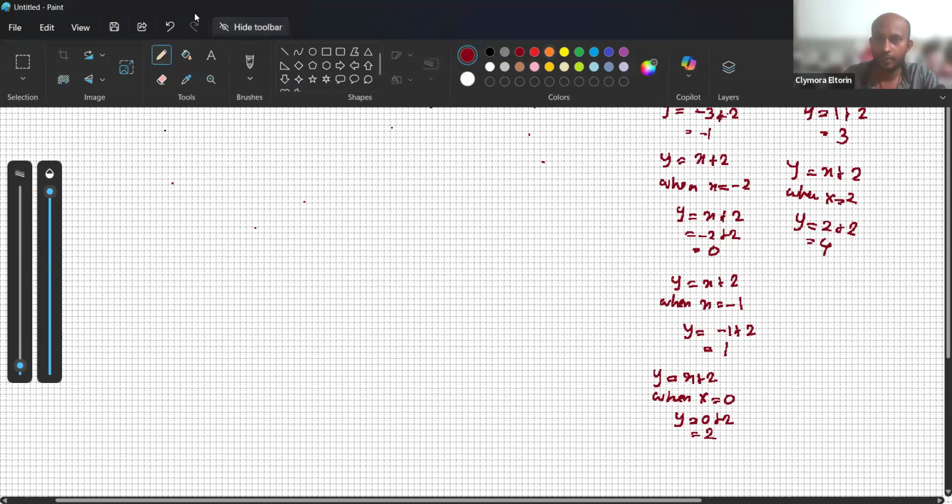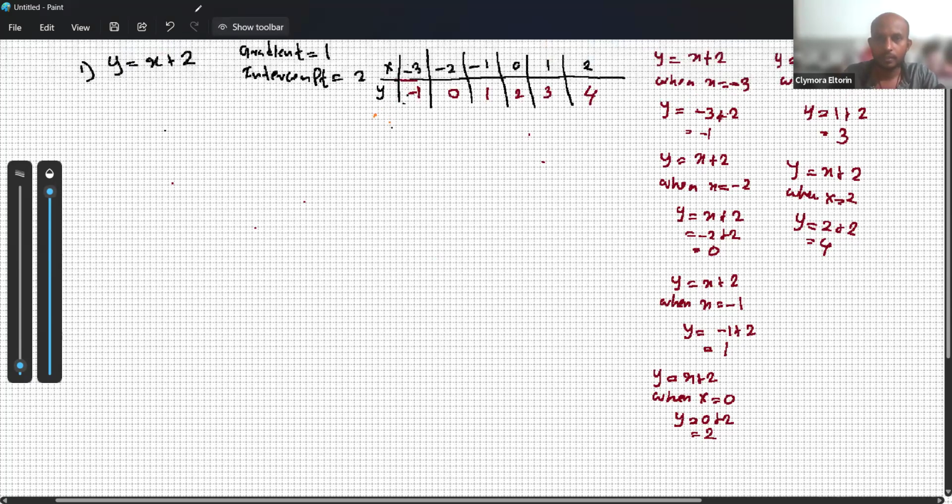We can write them: minus 3 and minus 1, minus 2 and 0, minus 1 and 1, here 0 and 2, here 1 and 3, here 2 and 4. Okay. These are the ordered pairs.